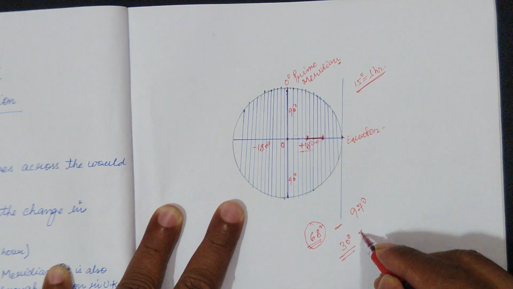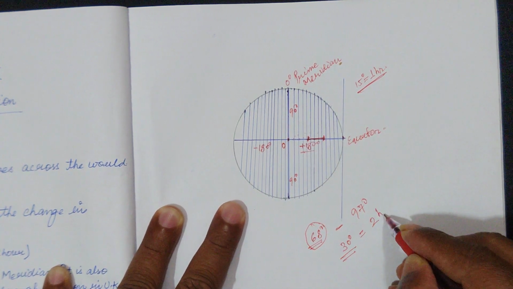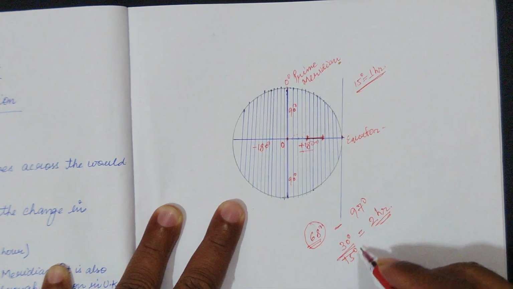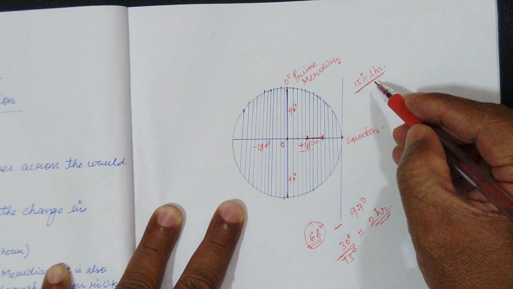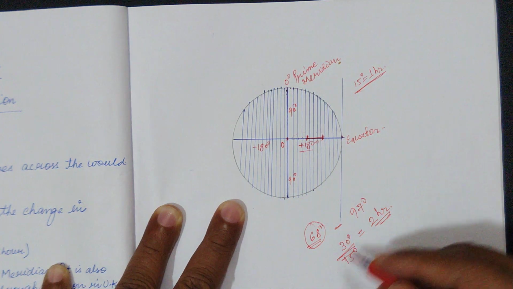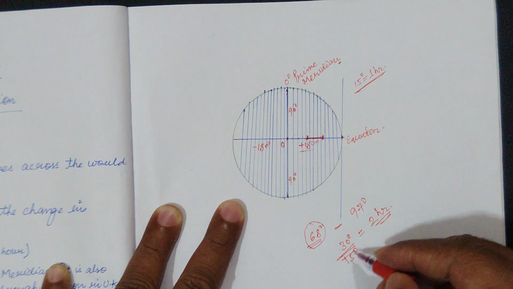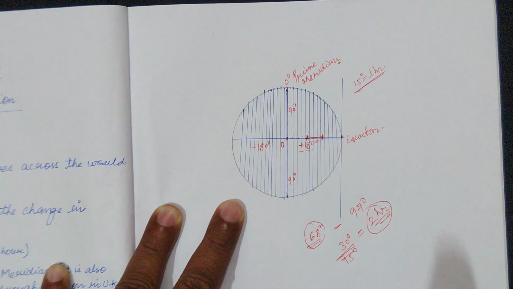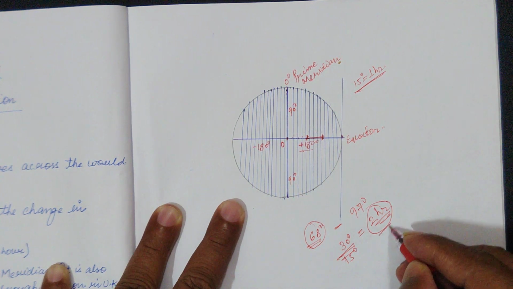It means you can see a time change of 2 hours, because whenever it is divided by 15 degrees, as I told you, a 15 degree change shows a time difference of 1 hour. When you divide 30 degrees by 15, you get 2 hours. It means the time difference between the westernmost point and the easternmost point of India is 2 hours.